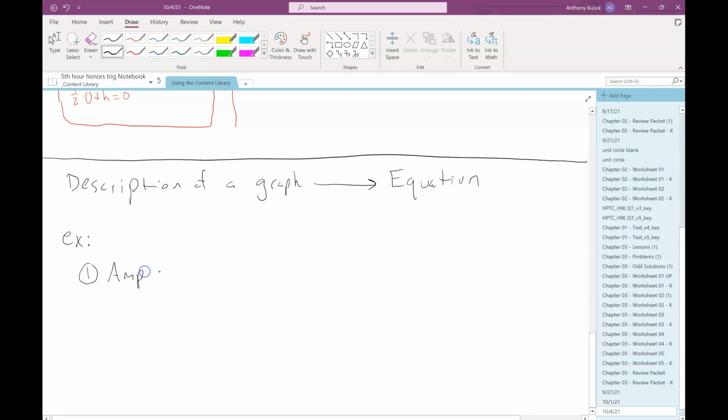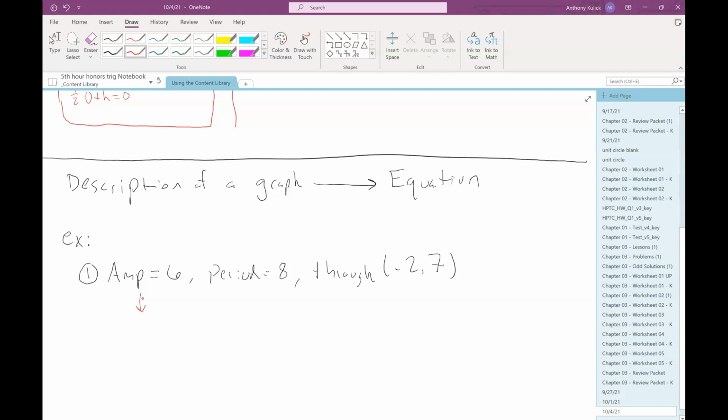Let's say that we have a graph whose amplitude is 6, the period is 8, and it passes through the point (-2, 7). So what does the amplitude give me?